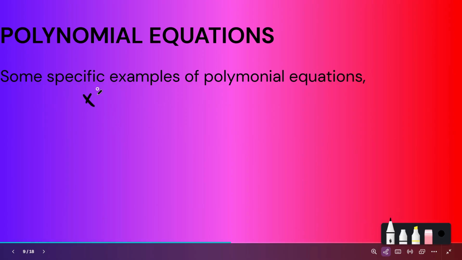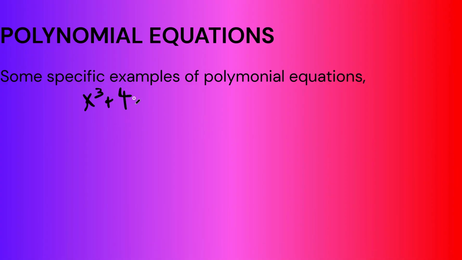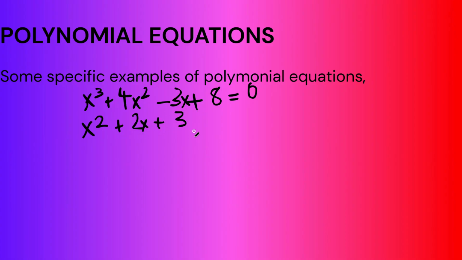So x^3 + 4x^2 + 4x - 3x + 8 = 0. So x^2 + 2x + 3 = 0.